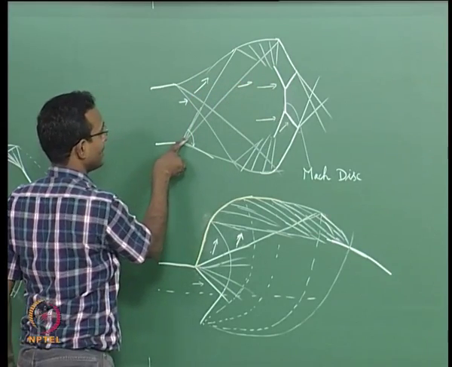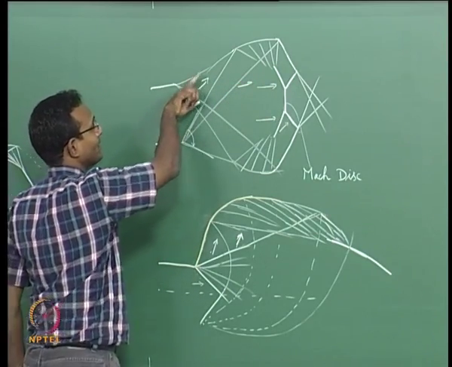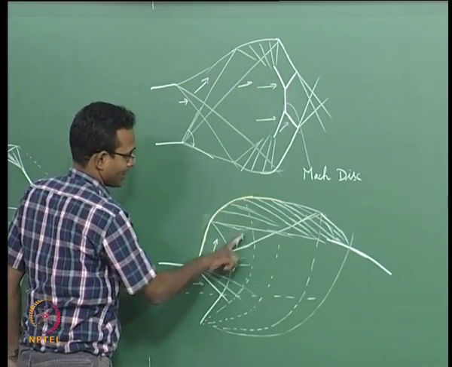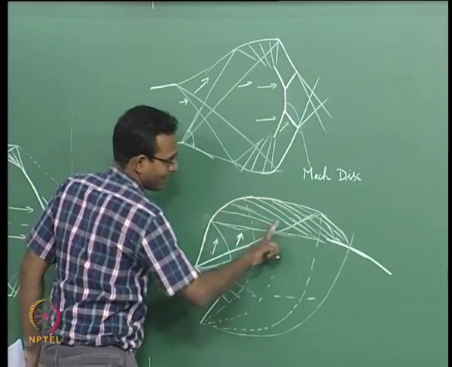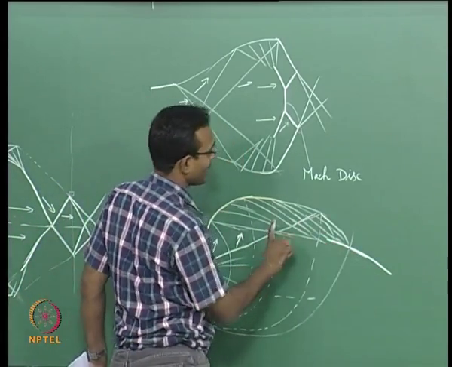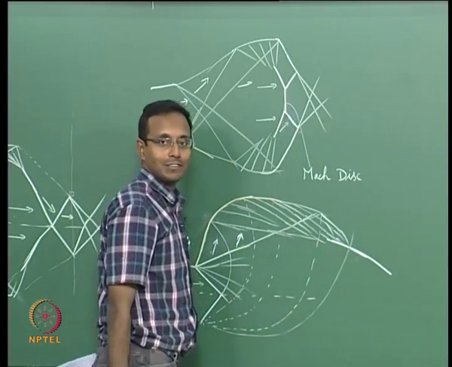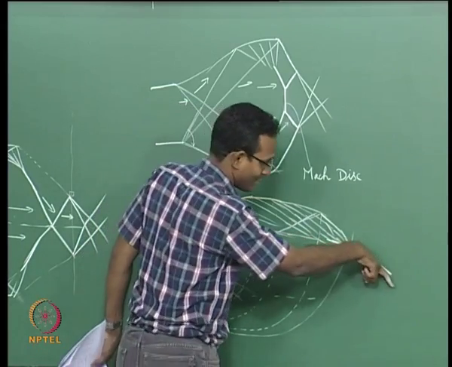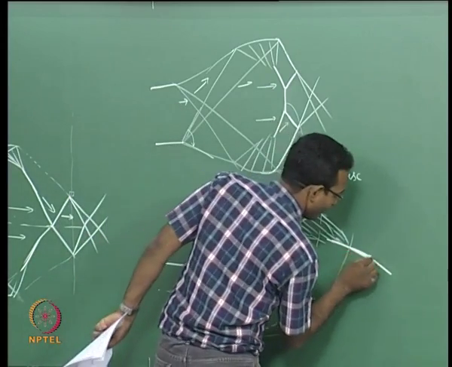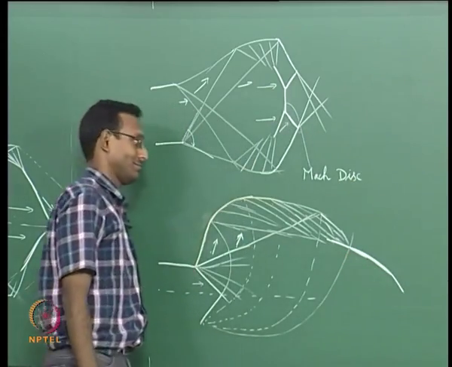This expansion is making sure that the flow velocity vector turns back to the axis. So, here the velocity vector is like this, as it goes through that way the velocity vector is becoming parallel, and the shock is supposed to be right running for that local velocity. It means that the angle will slowly start turning like this as it goes. So, you will go to a point where the shock looks something like this.